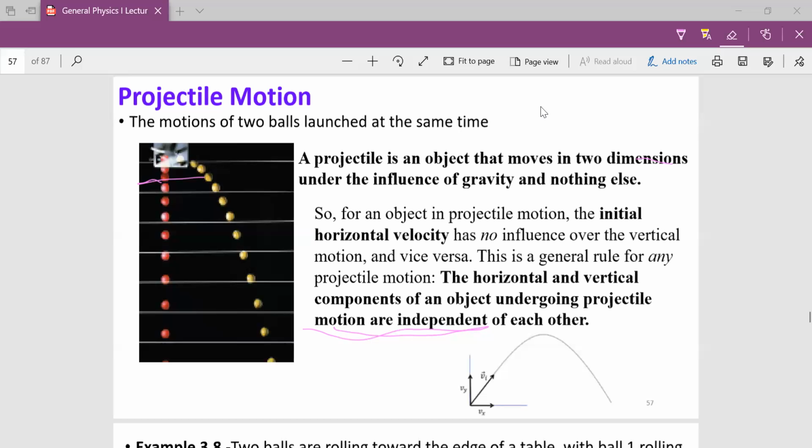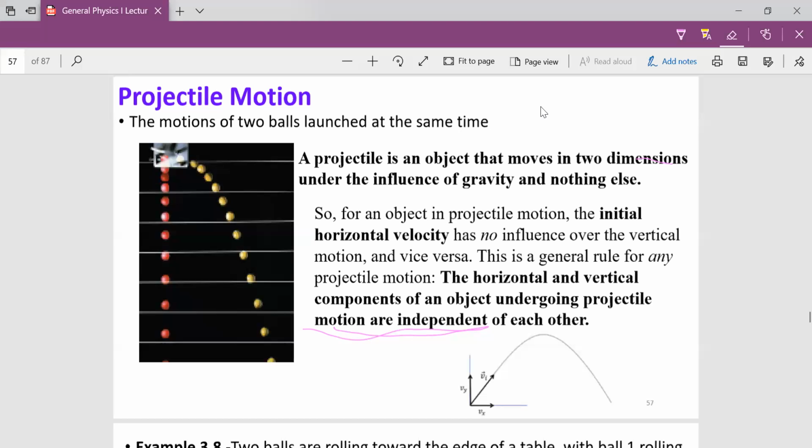But the thing we should note here is that the vertical motion of the yellow ball still exists. And the vertical motion of the yellow ball has no effect on the horizontal motion, even though it was shot horizontally before it started falling, taking the free fall motion, okay?